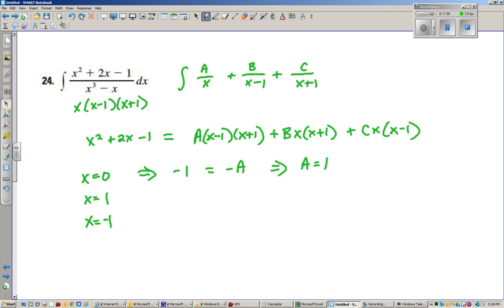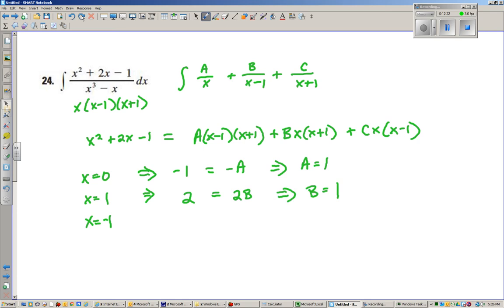And then if we put 1 in, won't our first term be 0, and won't our last term be 0, and we'll get in the middle here 2b, and on the left side, won't we, when we put 1 in, get 1 plus 2 minus 1? So won't we get this expression, 2 is equal to 2b, and therefore b is equal to 1?